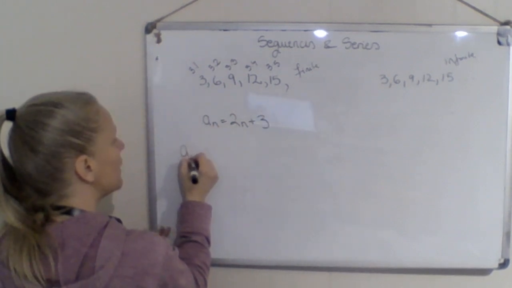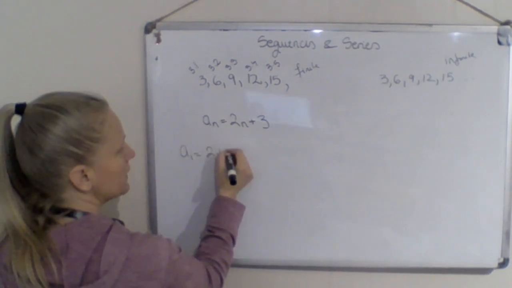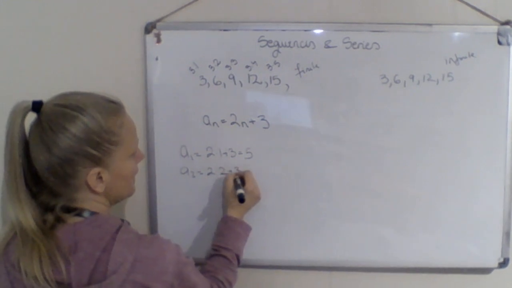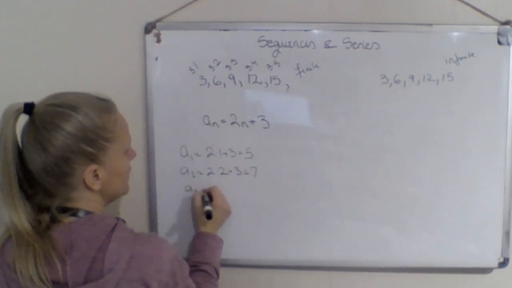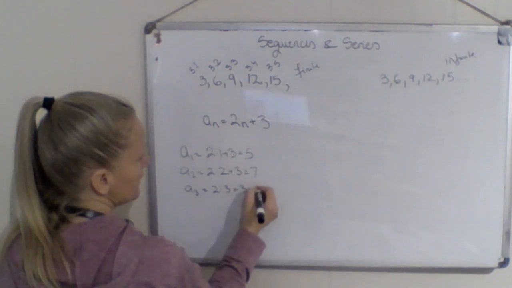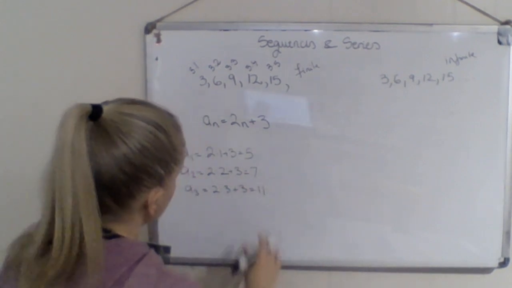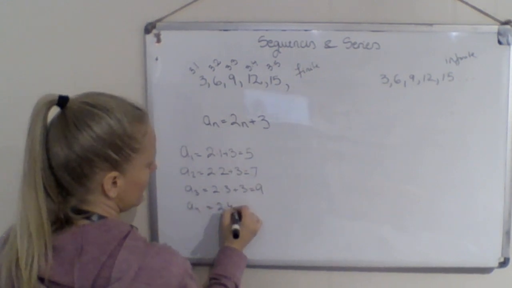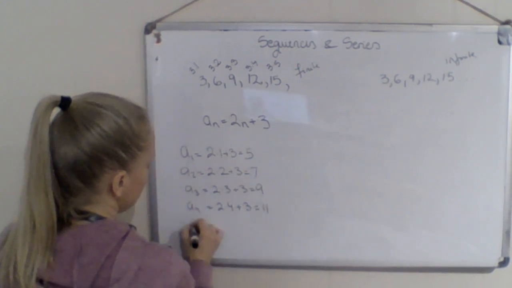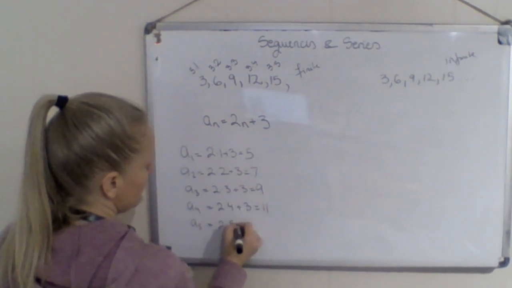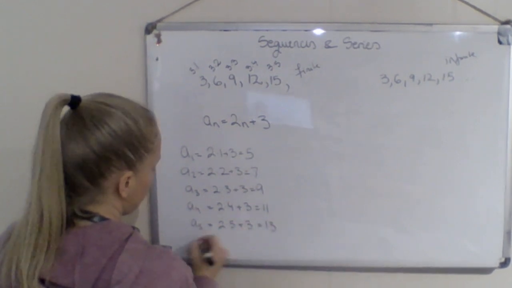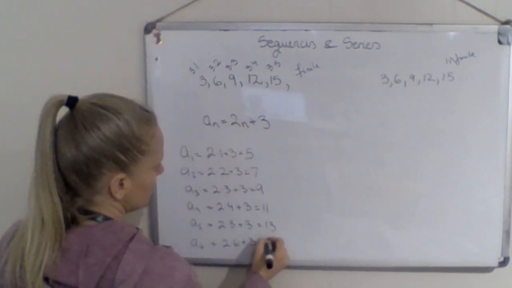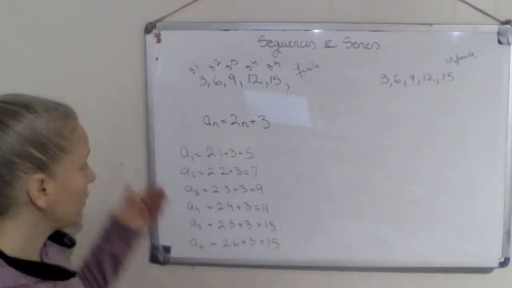So I'm looking for a1, which would be 2 times 1 plus 3, or 5. a2, which is 2 times 2 plus 3, which is 7. a3, 2 times 3 plus 3, it's 9, don't listen to me. a4 equals 2 times 4 plus 3, this is 11. a5 is 2 times 5 plus 3, which is 13. And then a6, it's going to be 2 times 6 plus 3, which is 15. And I wrote the first thing.